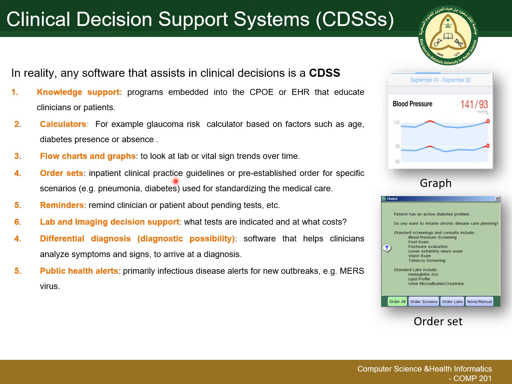For example, there is an order set for pneumonia that might include the antibiotic of choice, the oxygen, repeat chest X-ray, and so on.